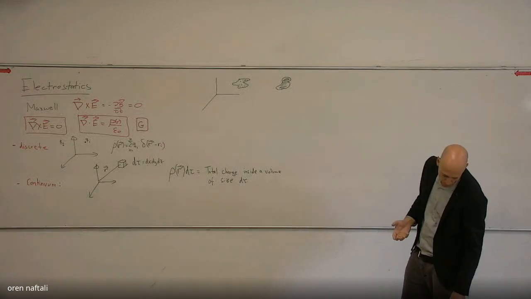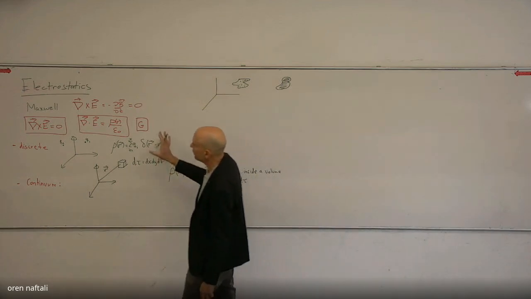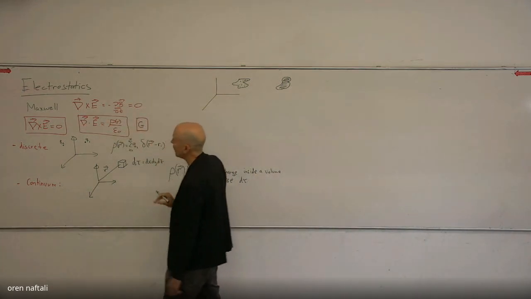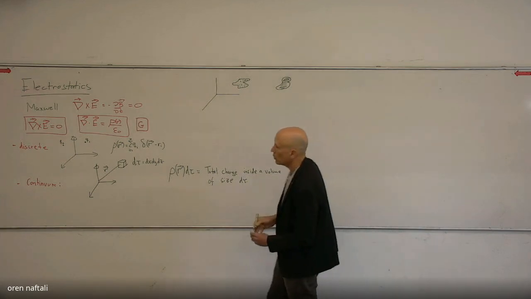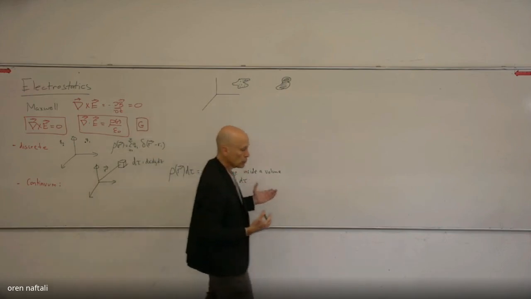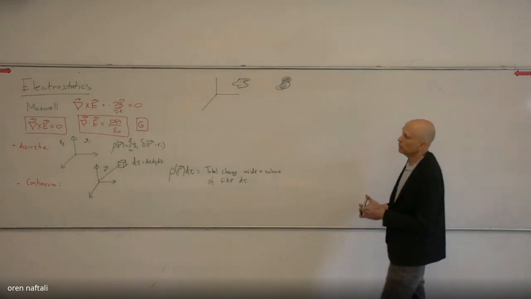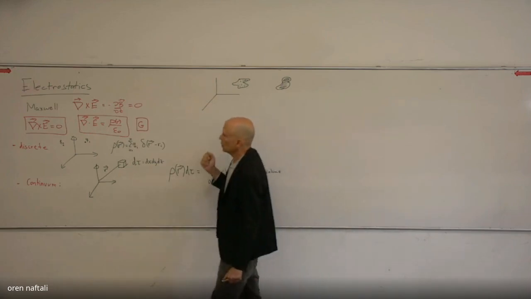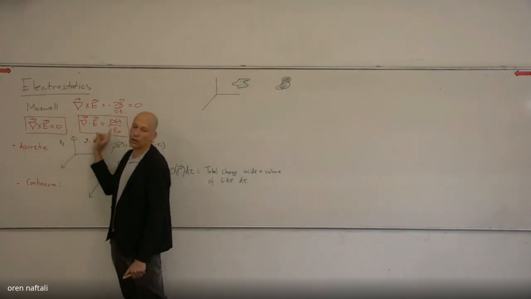Okay, so here I described briefly the main equations according to Maxwell, but there is a famous, well-known description of the electrostatic problem, and that is due to a French guy called Coulomb. So Coulomb's law is morally equivalent to this.